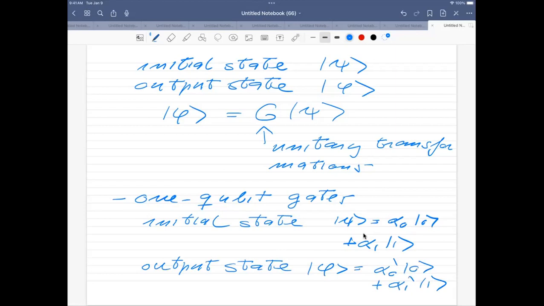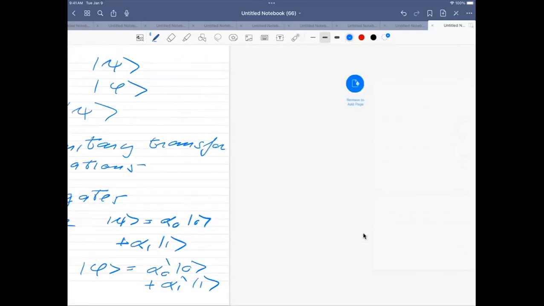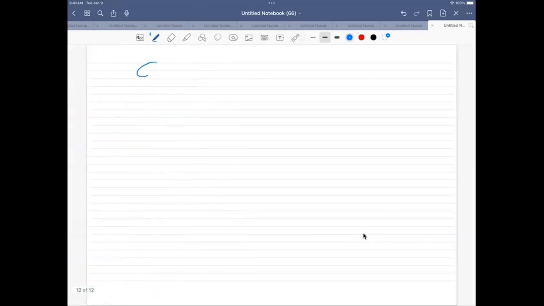Then what we will be doing essentially is to define an operation where we have a matrix. This is the way we perform the transformation. So this has elements G00, G01, G10, and G11. And we are going to define this to be a unitary transformation.